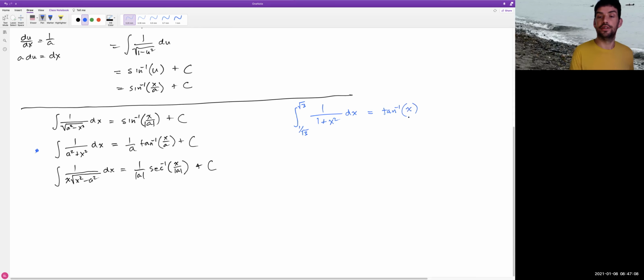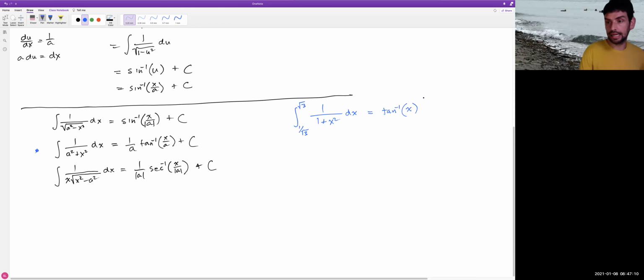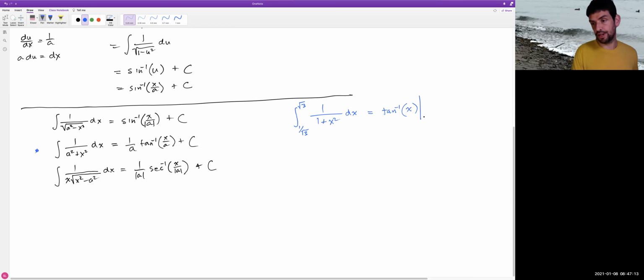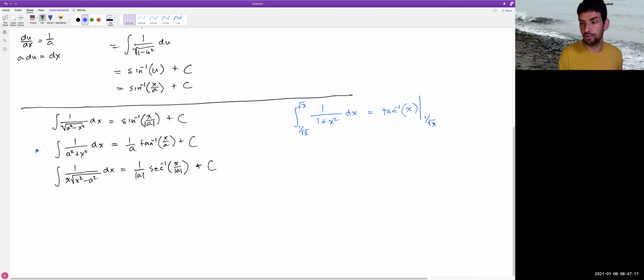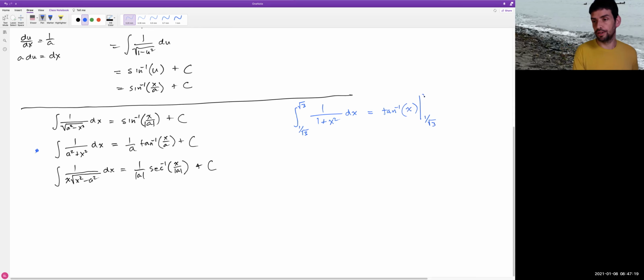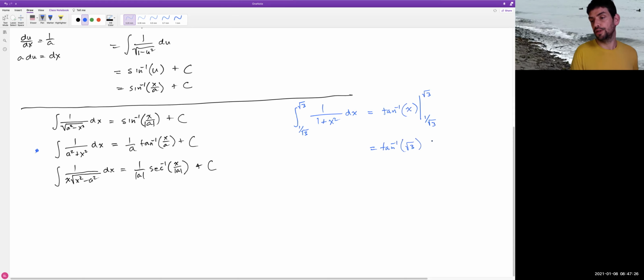So I'll have this, and this is going to be evaluated from 1 over the square root of 3 to the square root of 3. So this is tangent inverse square root of 3 minus tangent inverse 1 over the square root of 3.